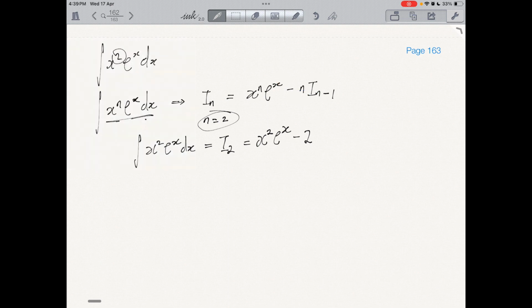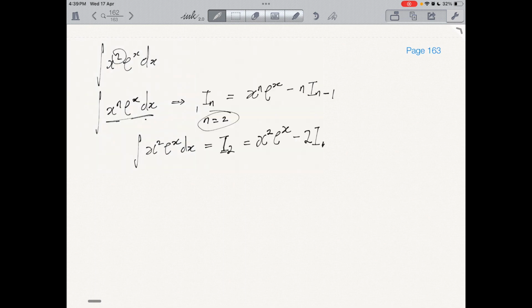Wherever we see n, we substitute 2, and 2 minus 1 is the same thing as 1. So we have reduced the problem to just evaluating I2. Now, in the expression for I2, we can see that I1 is present, so we have to find an expression for I1.